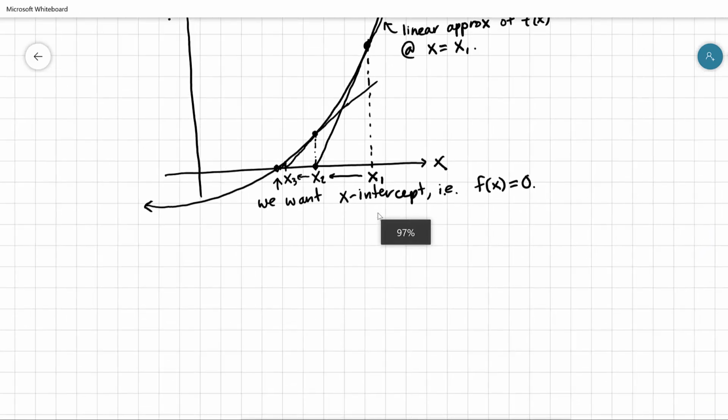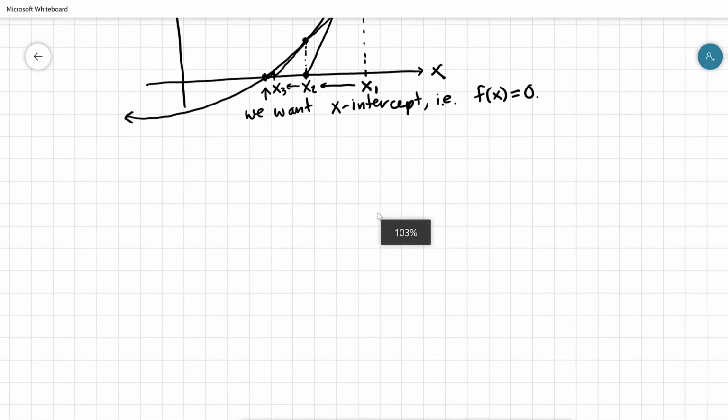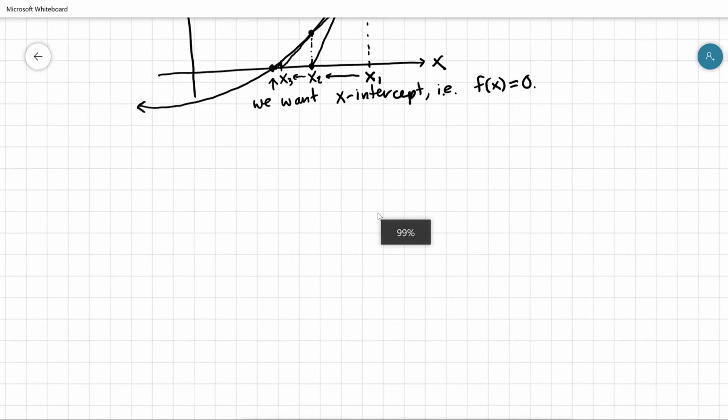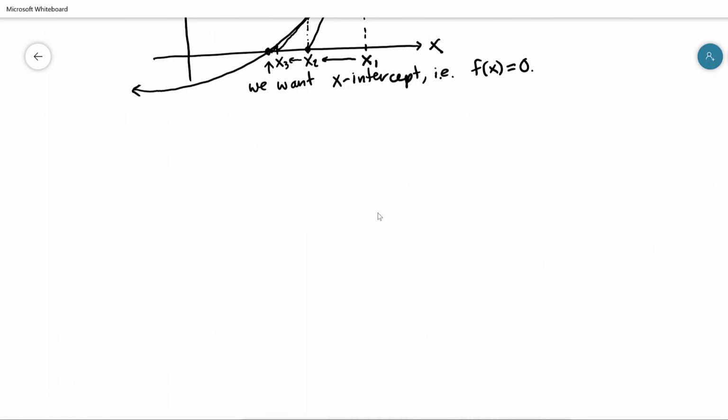Not just heuristically and graphically, how do we do this actually using calculus? So let me give us a little bit more room. Okay, so again, we want f of x equals 0, so the x-intercepts of f of x.